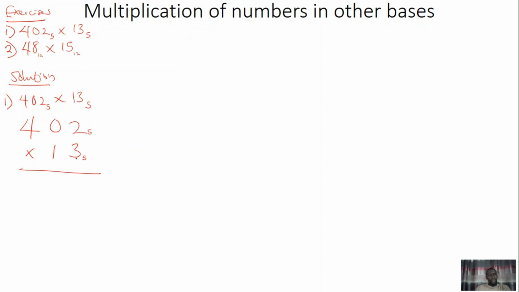Now, if you want to do this multiplication, the first thing you do is to take the number on the far right, 3 in this case, and use it to multiply each of the digits in the number on top.